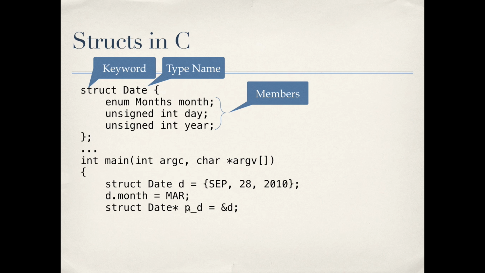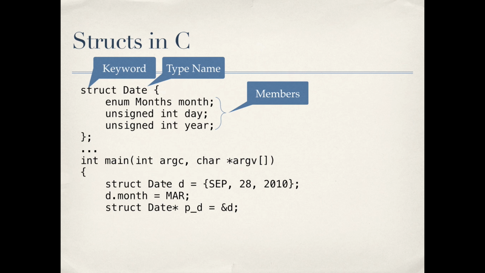A pointer is basically an address, so we initialize p_d with the address of variable d.